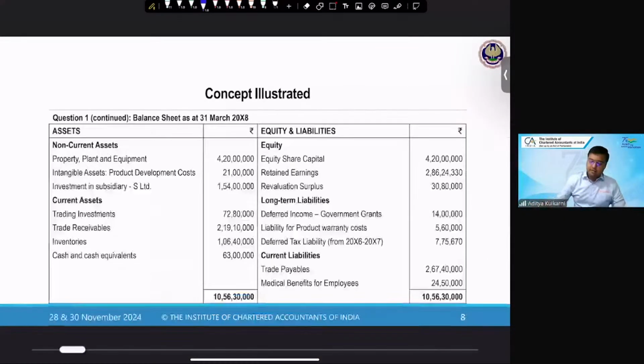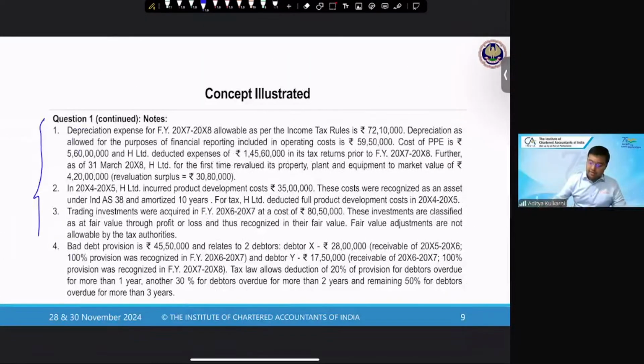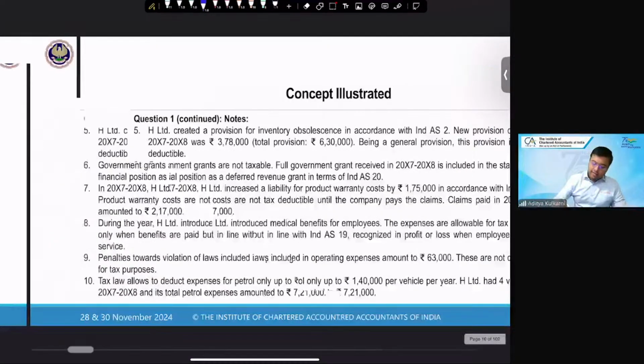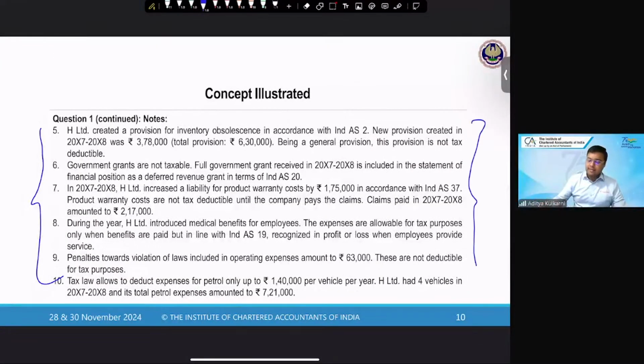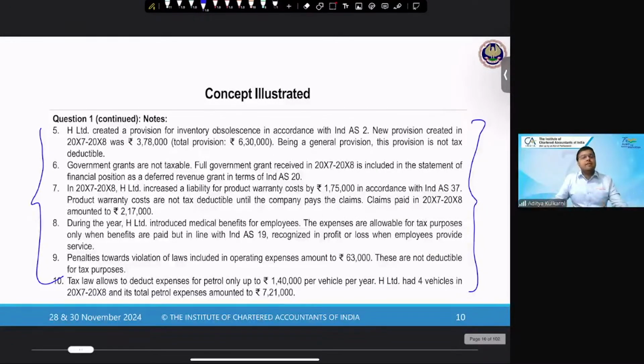I am given the balance sheet. And I am given certain adjustments. These adjustments are nothing but tax treatments of certain items.